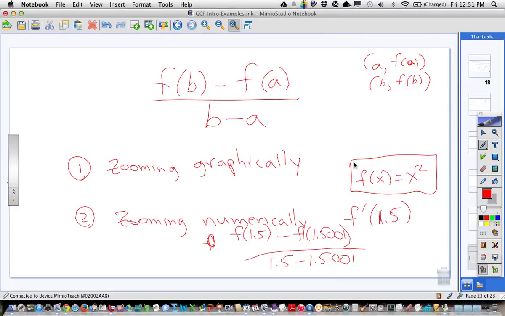I like you to get the habit of writing out your function notation because, number one, that communicates to me what it is you're using, what you're plugging in. But if you wanted to just go 1.5 squared and get that value, 1.501 squared, get that value, and then write those values down, y minus y over x minus x, I'm okay with that too, as long as you show this slope calculation in one shape or another, okay?